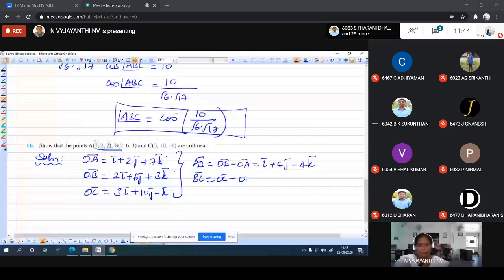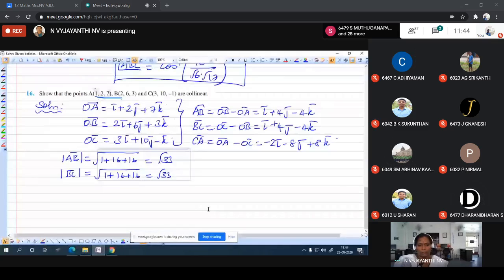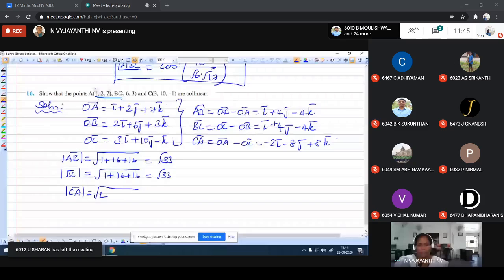What is modulus of AB? Root 33. Subtracting, 4 plus 64 plus 64, what will it be? 132.